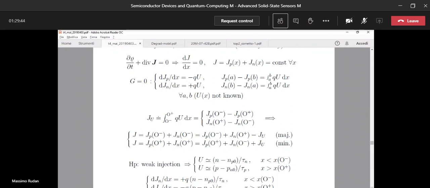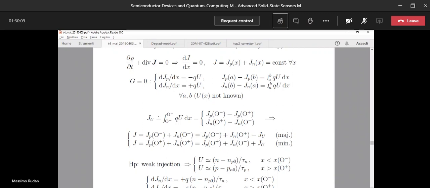The importance is that if we are in the weak injection condition, then we can simplify very much the form of the net recombination term, because you remember it depends only on the minority carrier concentration. Okay.